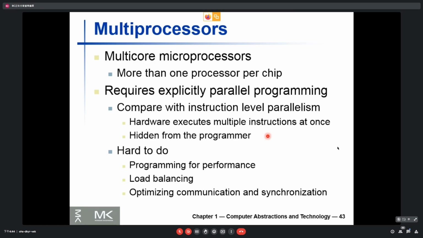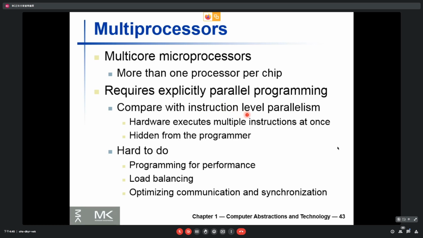Okay. All right. So compared to instruction level parallelism, we talk about instruction level parallelism. So we can expose parallelism at different levels. 就是在不同的层级，展现平行度。有一种平行度的层级叫做 instruction level parallelism.